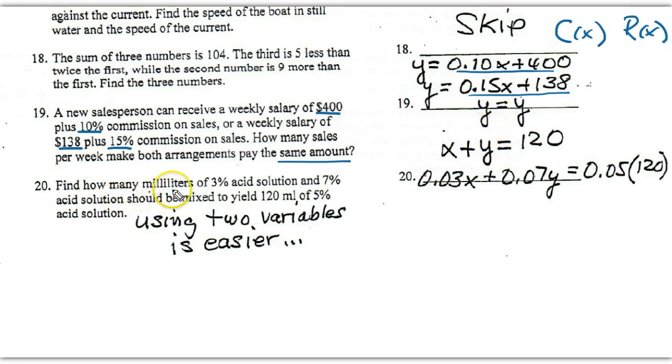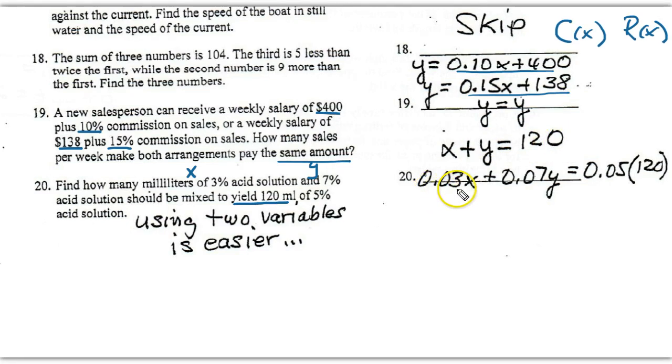And the last one is a mixture problem where you're getting eventually 120 milliliters of something. So your 3% will be the x, and the 7% will be the y. So we know the amount of x plus the amount of y eventually will be 120.